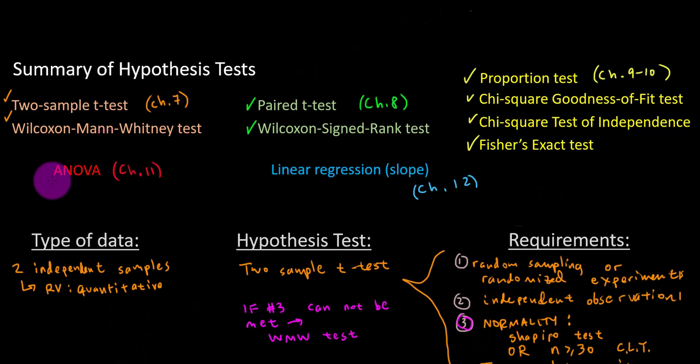Next up, let's briefly discuss the context in which we utilize ANOVA. Now, there's actually different types of ANOVA out there. This is one-way ANOVA. We kind of kept it basic for our course.